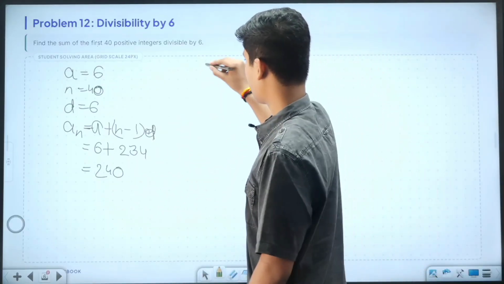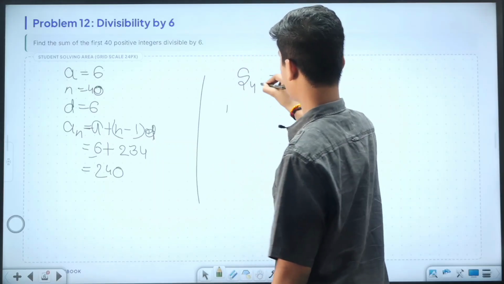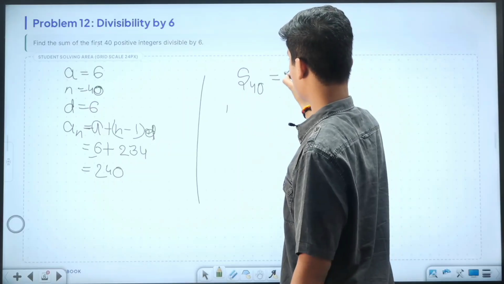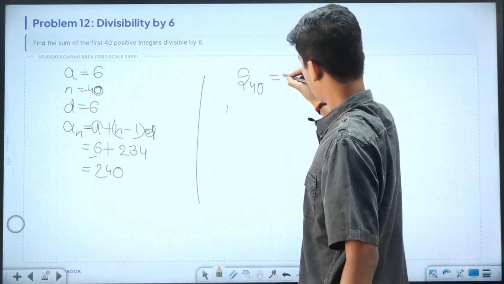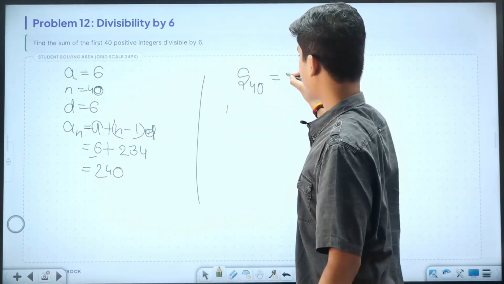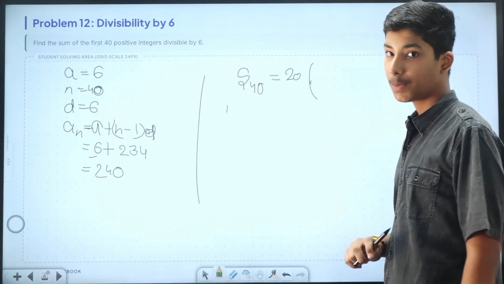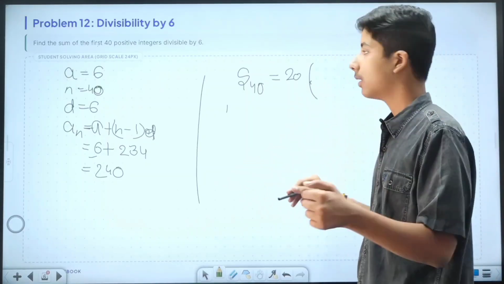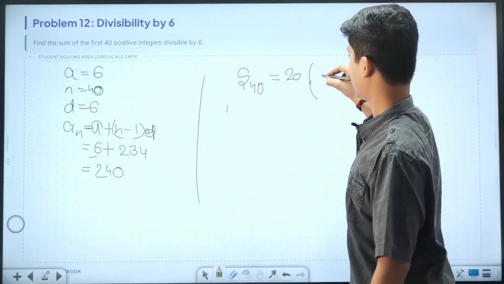Now 240 is the value of an, and we have to find out the sum of first 40 positive integers. So S40 equals n by 2, 40 by 2, 20 into 2a plus n minus 1 d, or you can say a plus l, first term and the last term, 6 and last term is 240.